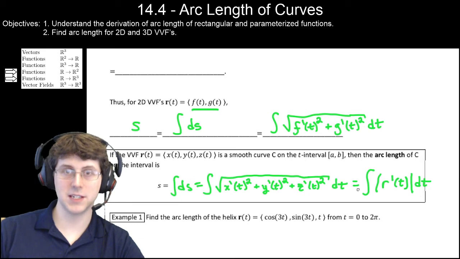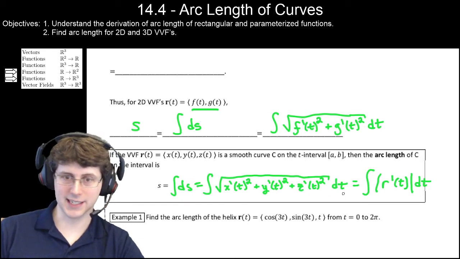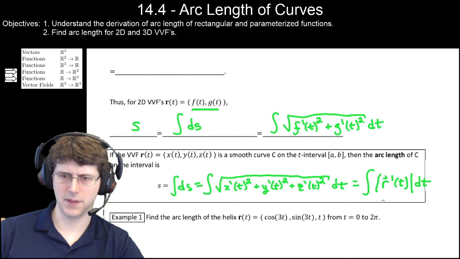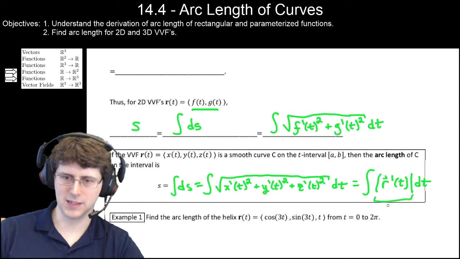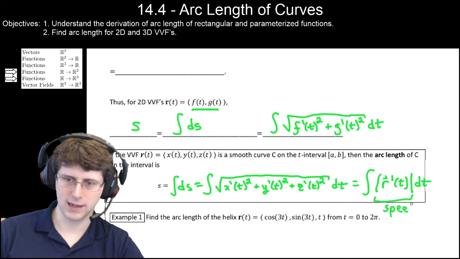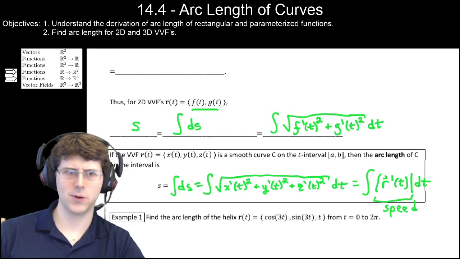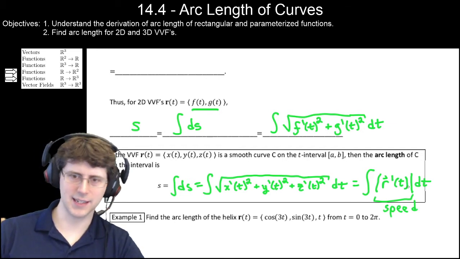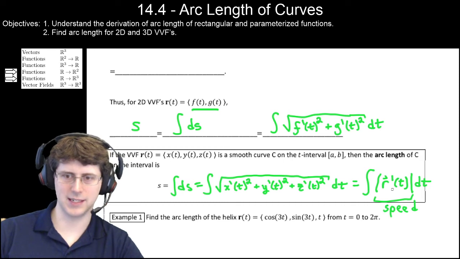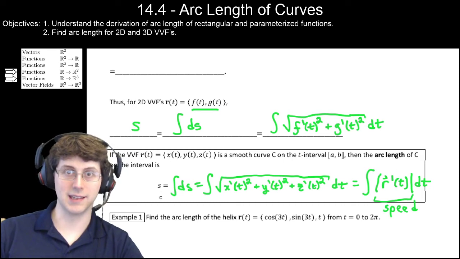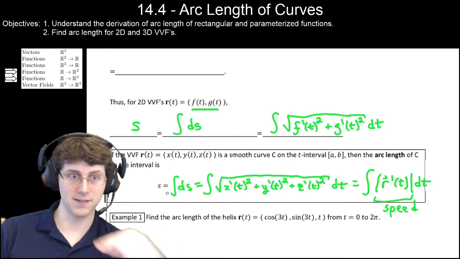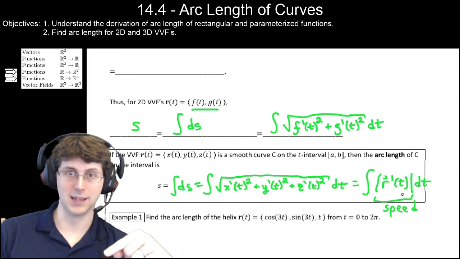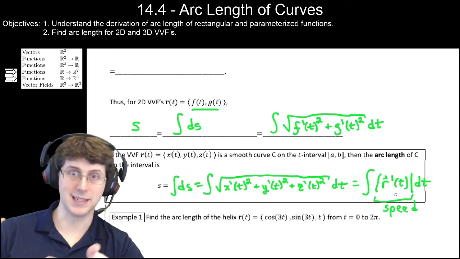Now, this simplification isn't total nonsense, like this isn't a coincidence. What does the magnitude of the derivative mean here? Well, the magnitude of the derivative is the speed. So once we're finally done simplifying everything down to where it's easy to look at, what we're saying is that the distance you travel when you go on a curve is the integral of your speed, which is a physics or a Calc 1 idea.